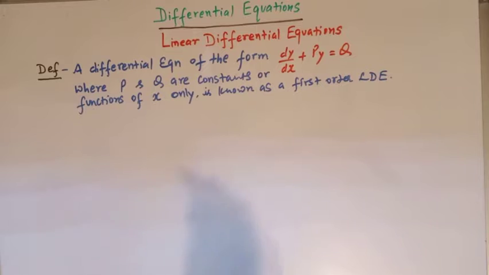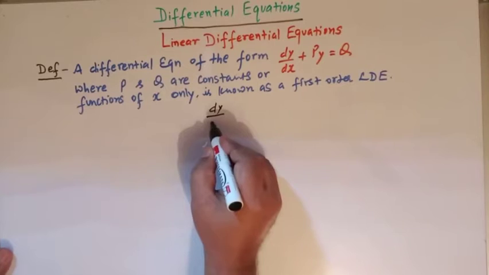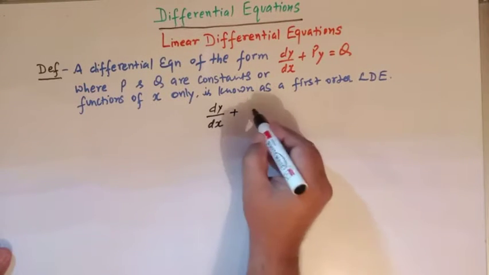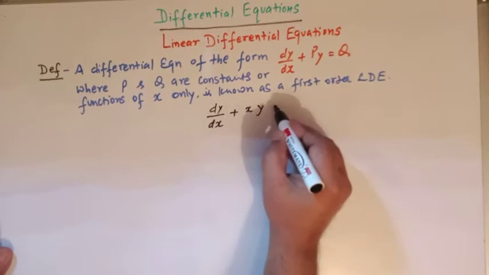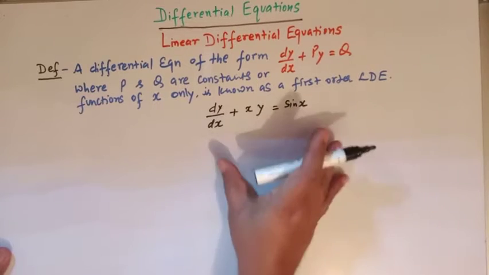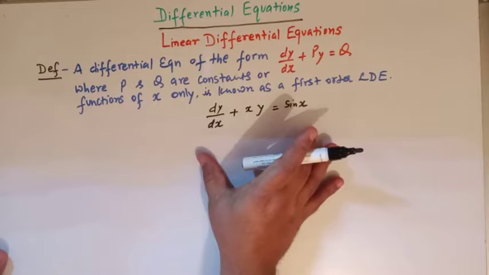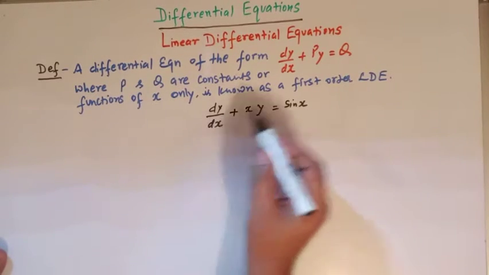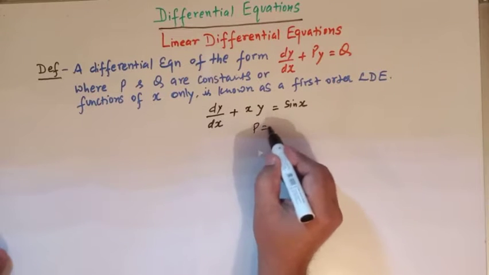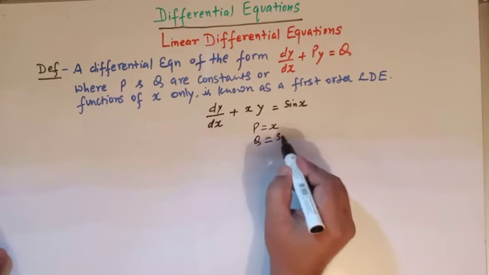So viewers, suppose we have an equation say dy by dx plus xy is equal to sin x. Now this is a linear differential equation of first order. If we compare these two equations, we see that p is equal to x and q is equal to sin x.